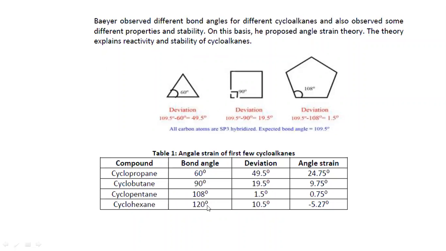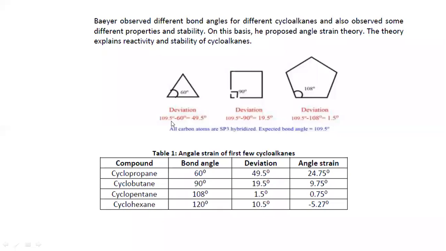So these are the bond angles of all those cycloalkanes. The bond angle for cyclopropane is 60 degrees. The bond angle for cyclobutane is 90 degrees. The bond angle for cyclopentane is 108 degrees. Now, how much deviation is there? We just subtract the value of the bond angle from the tetrahedral bond angle.